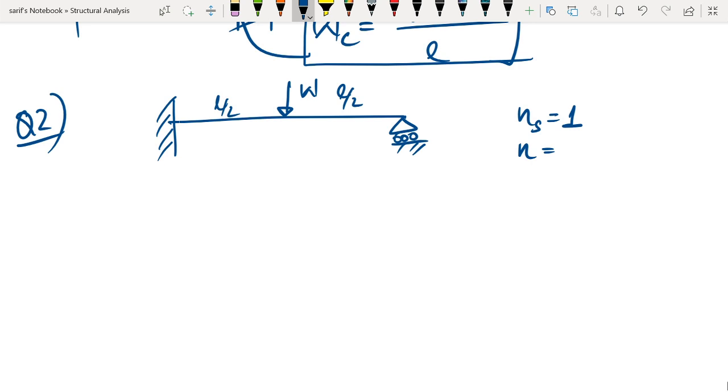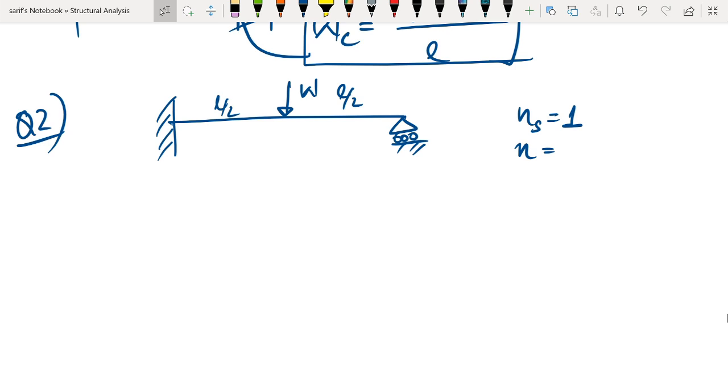Now how do we find the number of possible plastic hinges? We have to look into the different locations where the plastic hinges can be formed. So fixed support is a point where we can have plastic hinges. Fixed support, as well as interior support, are points where hogging moments can develop or negative moments can be maximum.